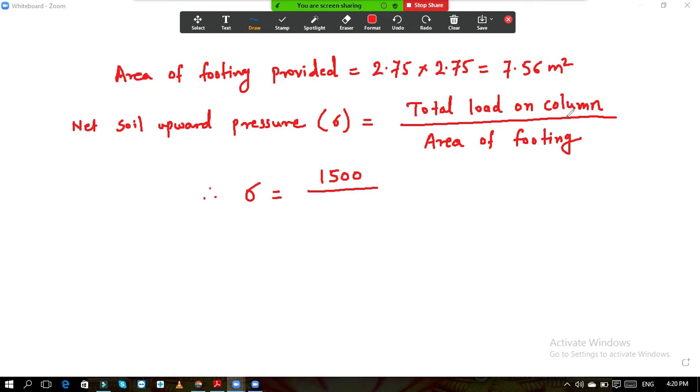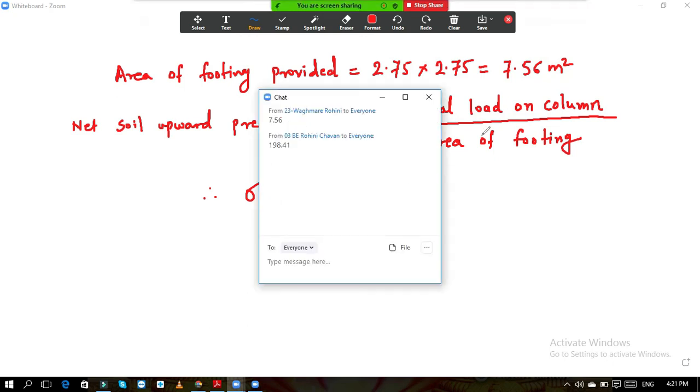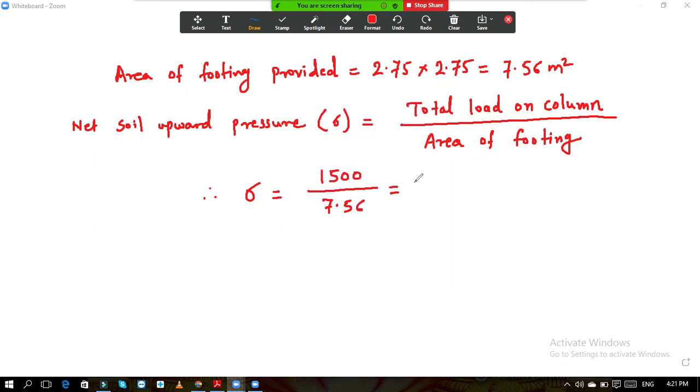So 1500 divided by area of footing 7.56. To solve it, we get the value 198.41.